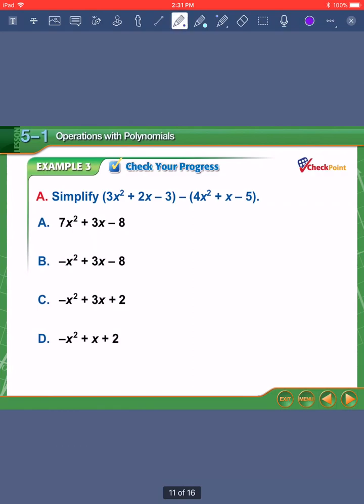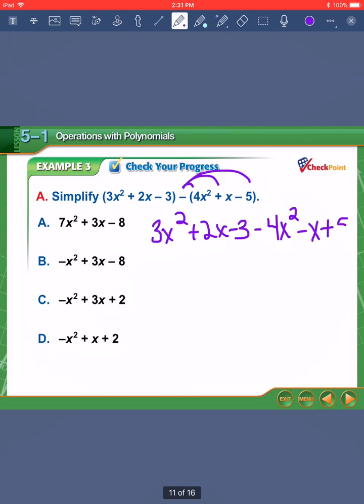Okay, so here's another subtraction problem. I have 3x squared plus 2x minus 3 minus 4x squared plus x minus 5. So I need to be careful to distribute out my negative to the second polynomial. So I get 3x squared plus 2x minus 3 minus 4x squared minus x plus 5.